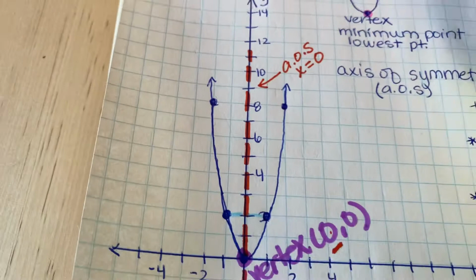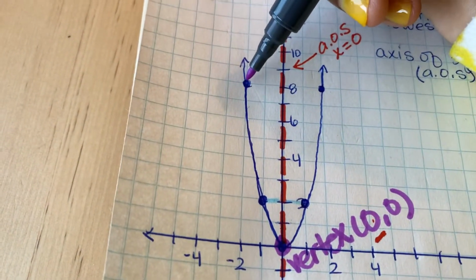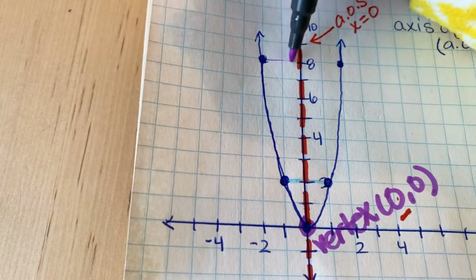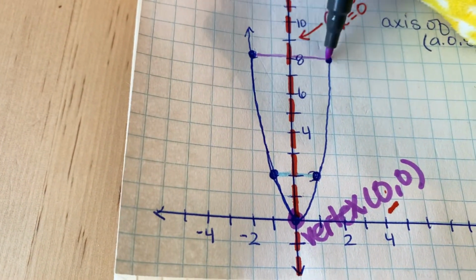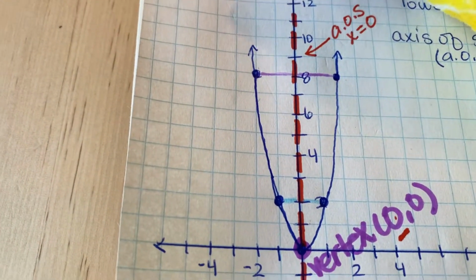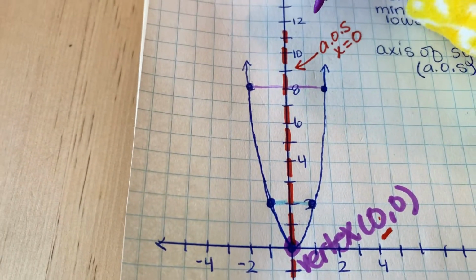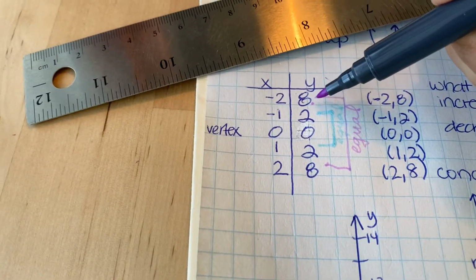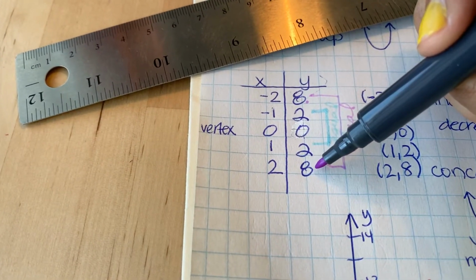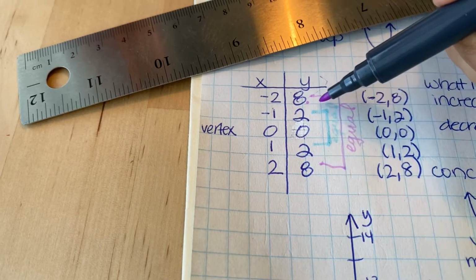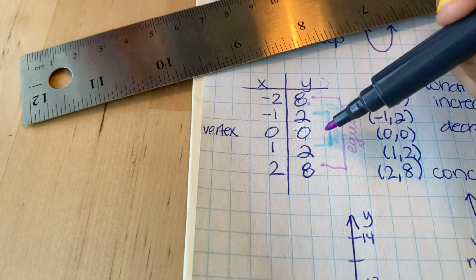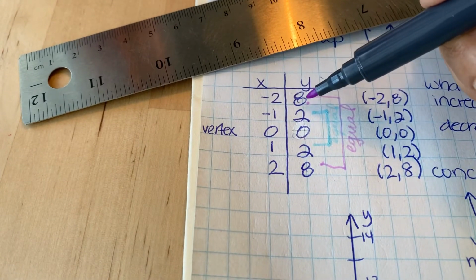And that is because if you come down to the graph, this is -2, 8, this is +2, 8, but they are still 2 units away from the axis of symmetry. So even though you do have to produce 5 distinct coordinate points off of this XY table, you're really only doing 3 because they come in pairs.